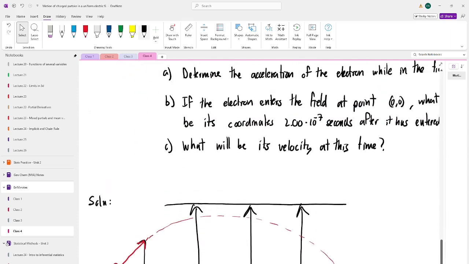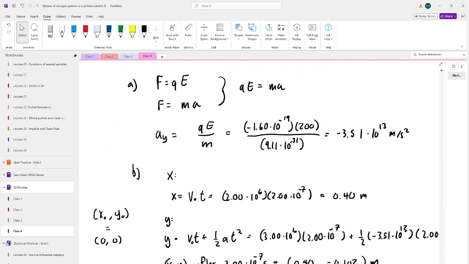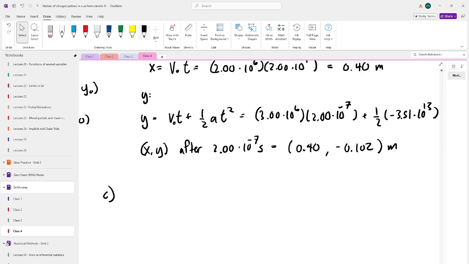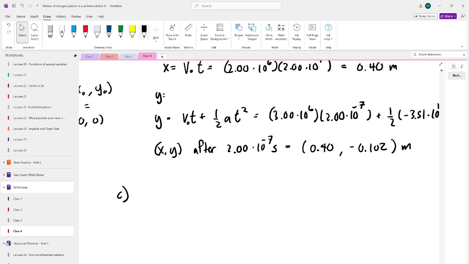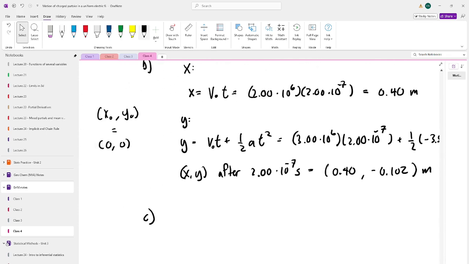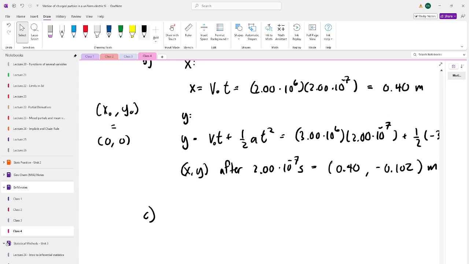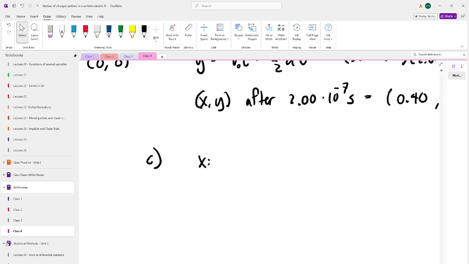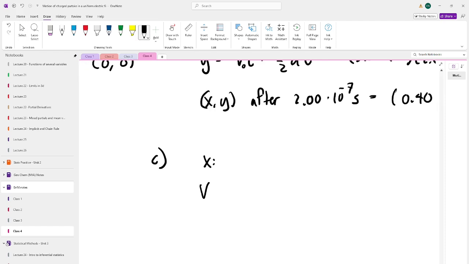And then for C, they're asking what will be its velocity at this time. For this part of the question, we just use our velocity equation. Let's do x first, because that'll be easy. In the x direction, the speed at any time, v_x, is equal to v naught x, because the speed doesn't change.